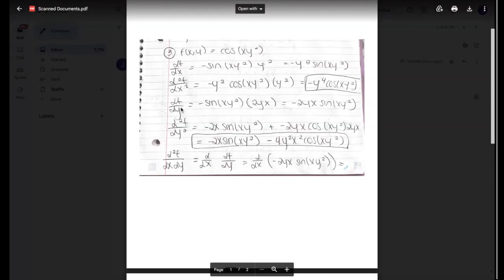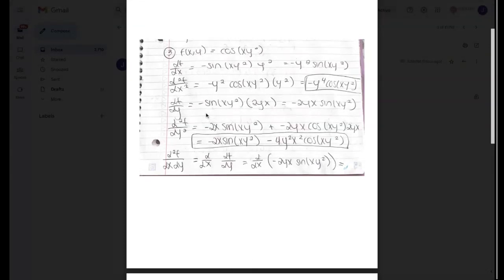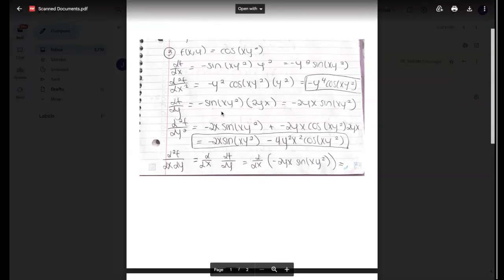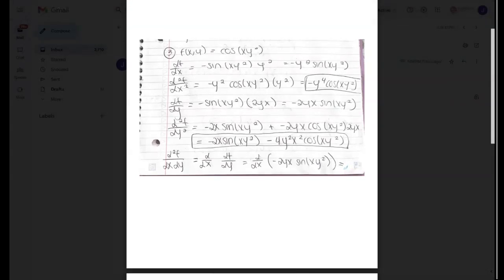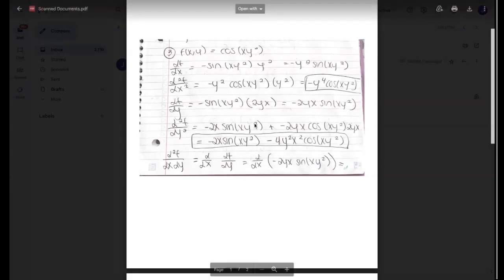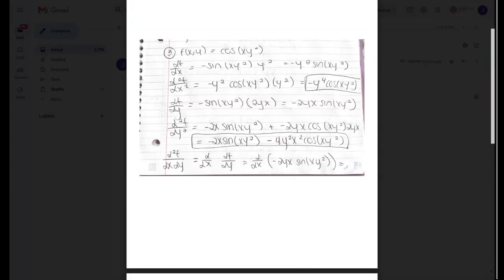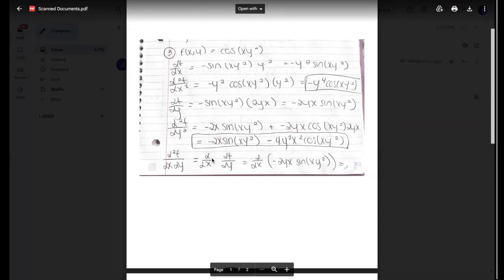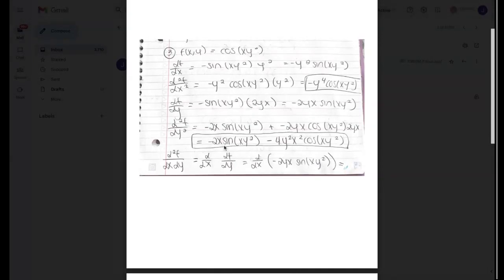Then I took partial f partial y, and the same process, but when you're taking the derivative of the inside, since now we're taking the derivative with respect to y, it's going to be 2yx, keeping x constant, and you get negative 2yx times sine xy squared. The difference with taking the second partial derivative of y is that it requires the product rule, where the second partial x didn't.